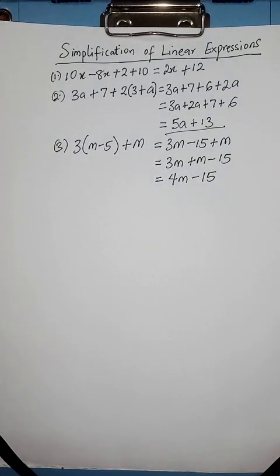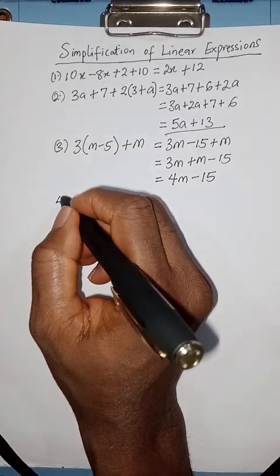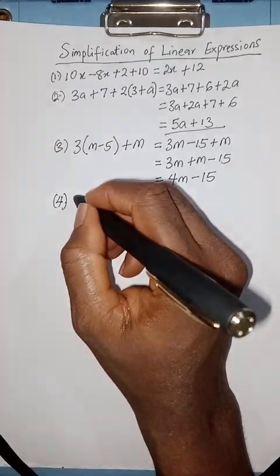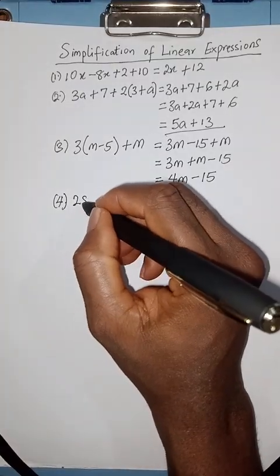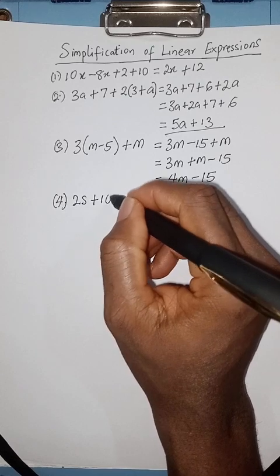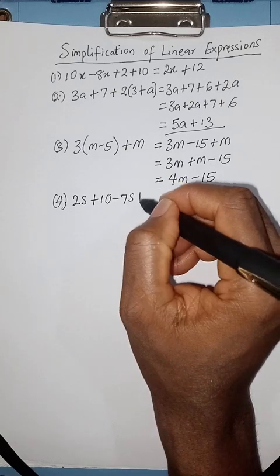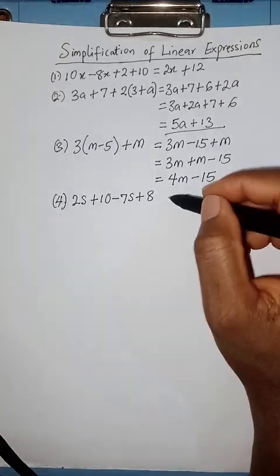That's the answer to the question. Now moving to number 4. Number 4 question, I have 2x plus 10 minus 7x plus 8 plus 3x minus 7.